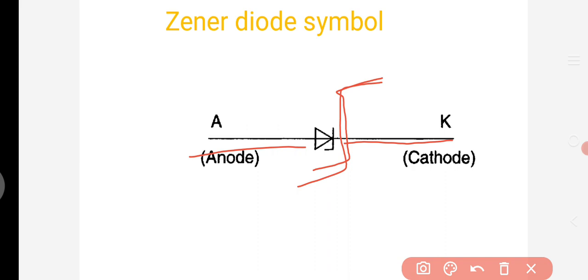The only difference between the symbols of the Zener and the PN junction diode is that in a normal PN junction diode the cathode is a simple solid line, but in the Zener diode it is a reverse form of Z. This is the symbol of the Zener diode.